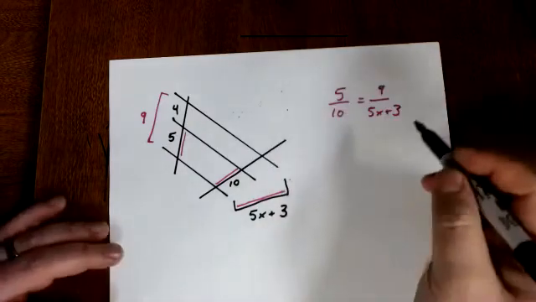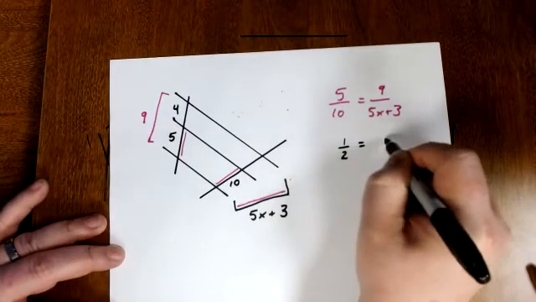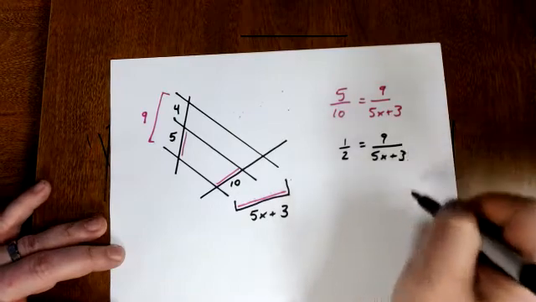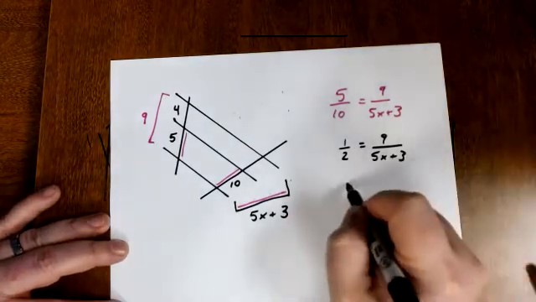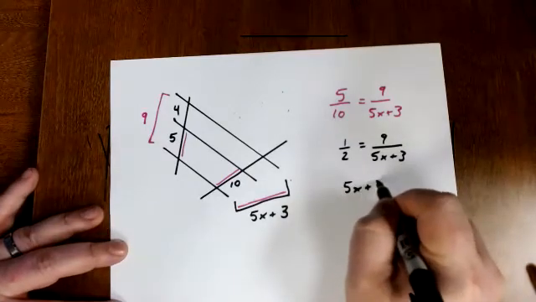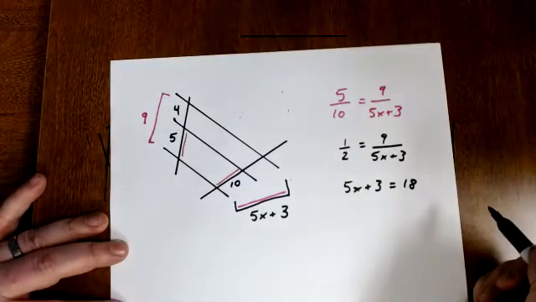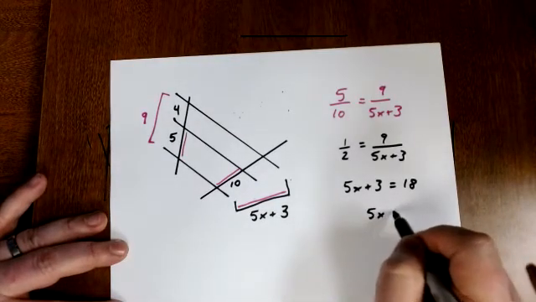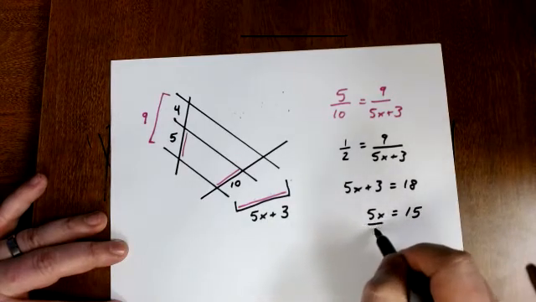Now I'm going to reduce this fraction, so that this way I don't even have to do a distribution. And now subtracting 3. And now dividing by 5.